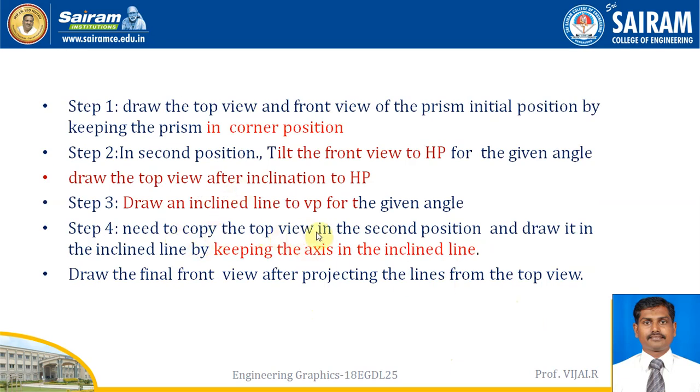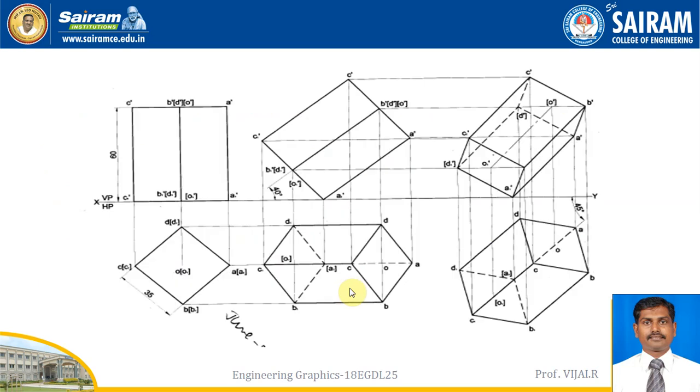Copy the top view of the second position and paste it in the inclined position, keeping the axis inclined. How to copy is very simple. As I said, the axis should be inclined. So take a point A here. Mark the AO distance here, and the OC distance, using a compass only. Don't measure and mark anything.